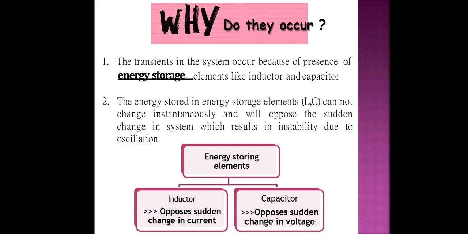Now, why do transients occur? The transients in the system occur because of the presence of energy storage elements like inductor and capacitor.